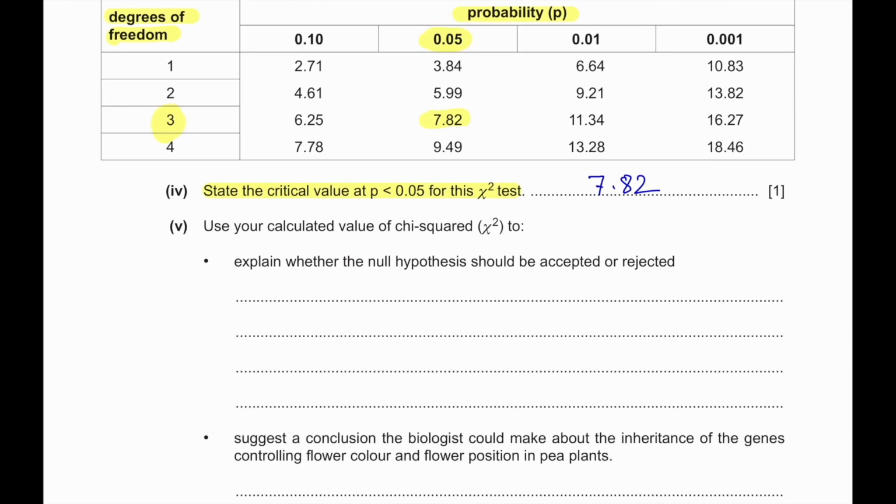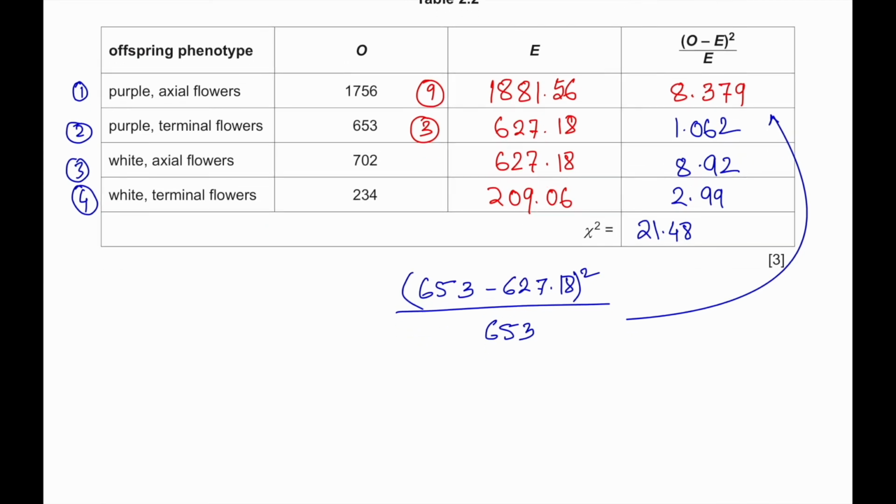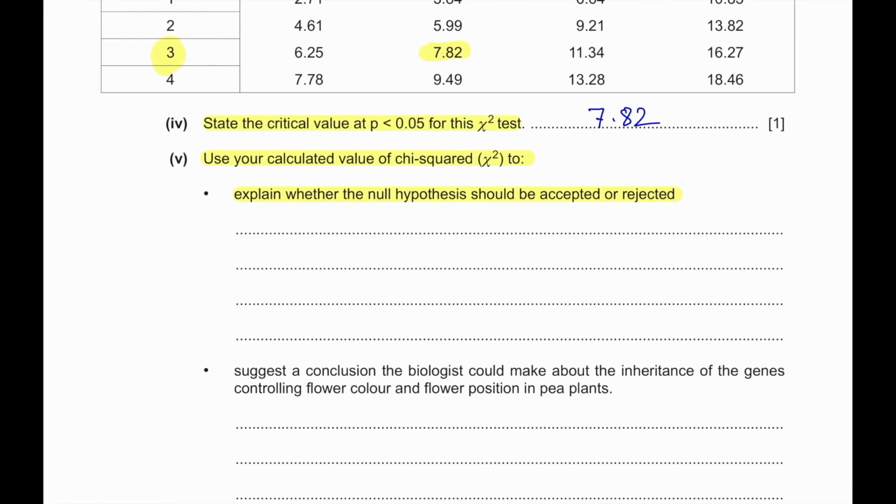Now the question says use your calculated value of chi-square to explain whether the null hypothesis should be accepted or rejected. You see, if our value would be lower than 7.82, we would accept the null hypothesis that there is no significant difference. Since our value for the chi-square is 21.48, our difference is significant.